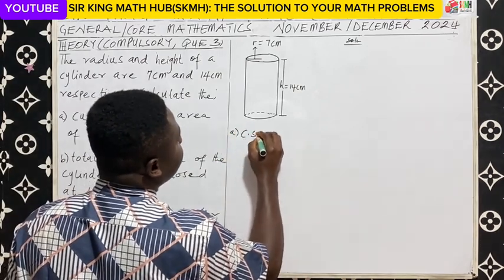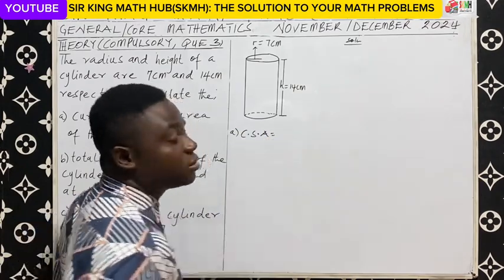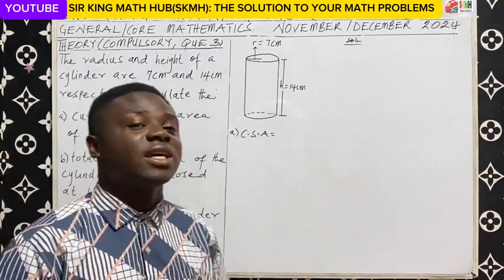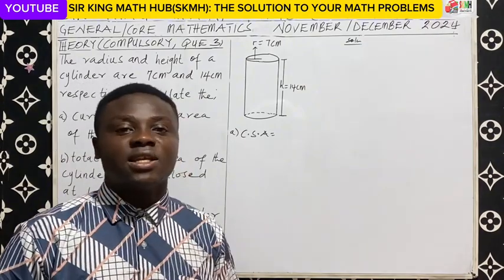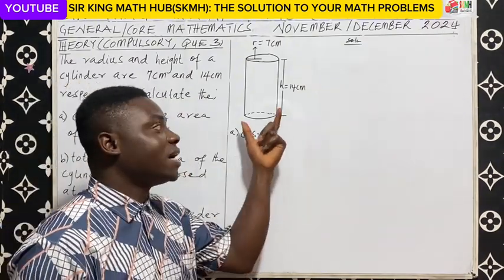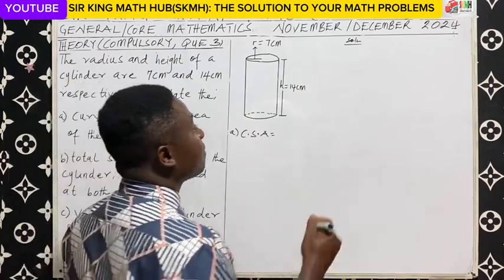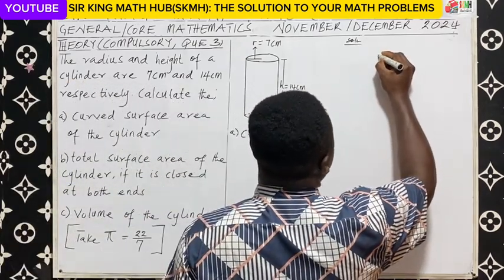Curved surface area. So what is the formula for calculating the curved surface area of a cylinder? Before we look at this, let's look at the net of a cylinder.